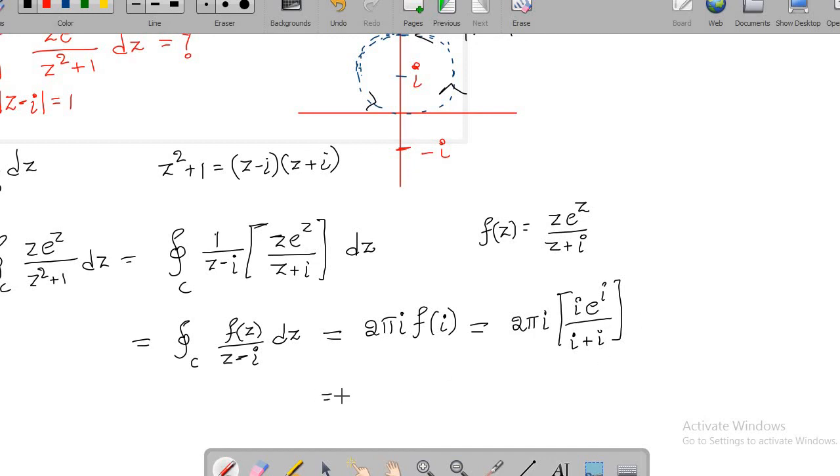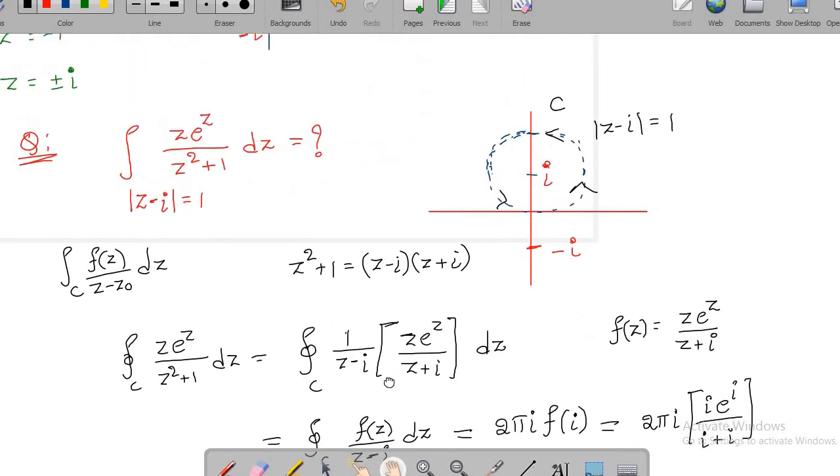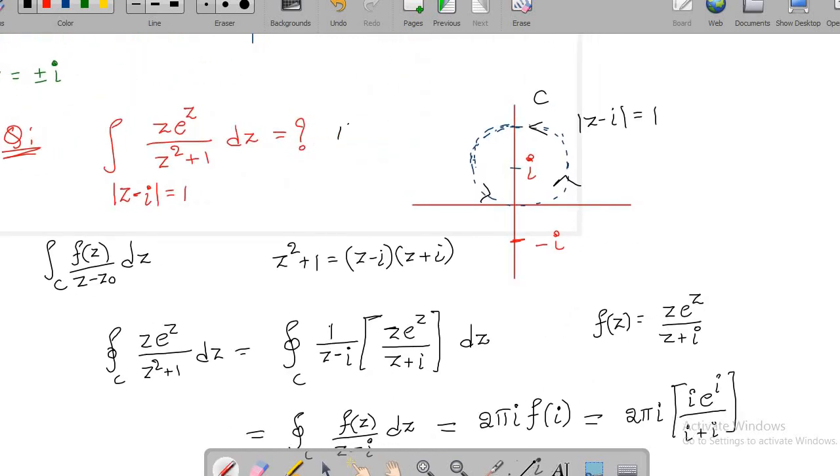So the answer is 2 pi into e power i, and you'll have one more i, so 2 pi i into e power i by 2. The 2 gets cancelled. So pi i into e power i, that is the answer. So the answer to our problem is pi i into e power i.